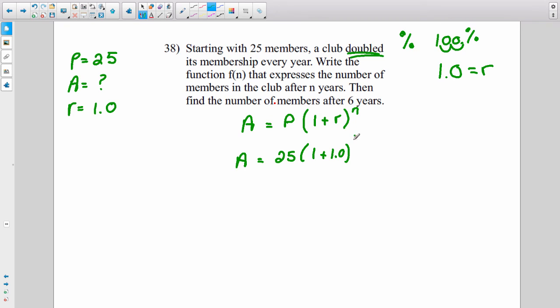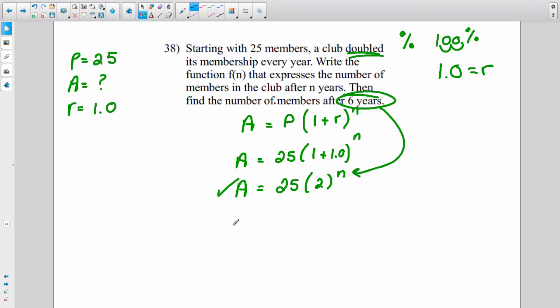Raised to the N. So if we simplify just a little bit, just to make it look nice, that's our guy right there. Okay, so that's question number 1. Part 2 said, using that, what would you get in 6 years? So let's put that right there. So part 2, amount equals 25 times 2 raised up to the 6th power.